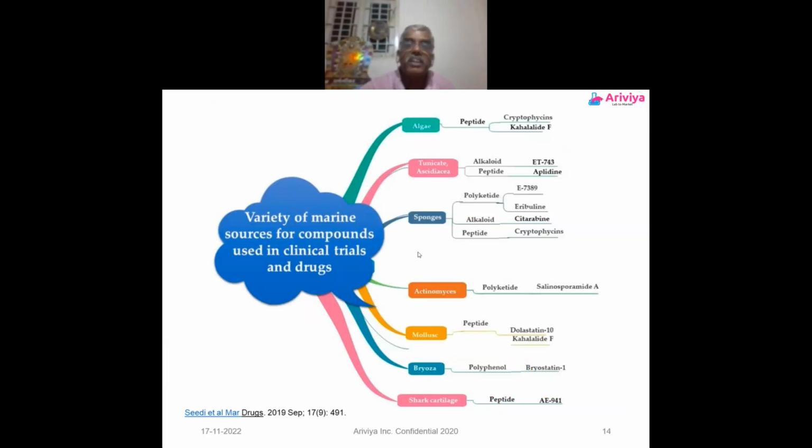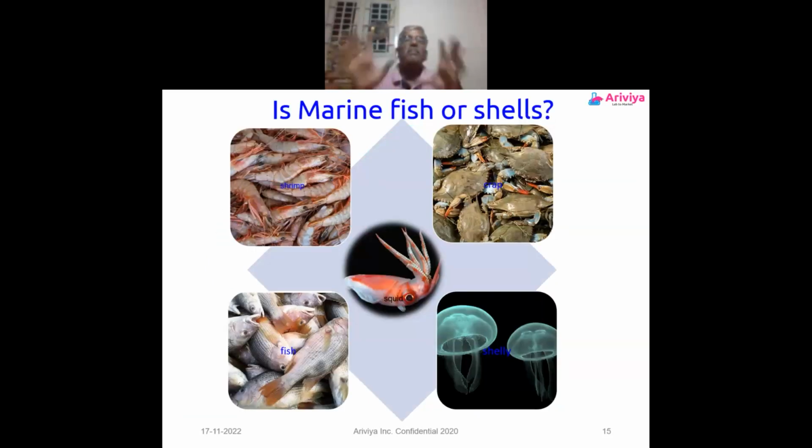From it you can take many things: algae, tunicates, sponges, actinomycetes. From these you can obtain peptides, alkaloids, polyketides, polyphenols, and get extracts from them. They have very good medicinal value as well.